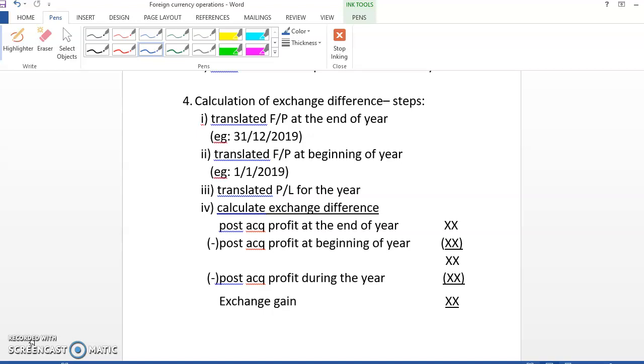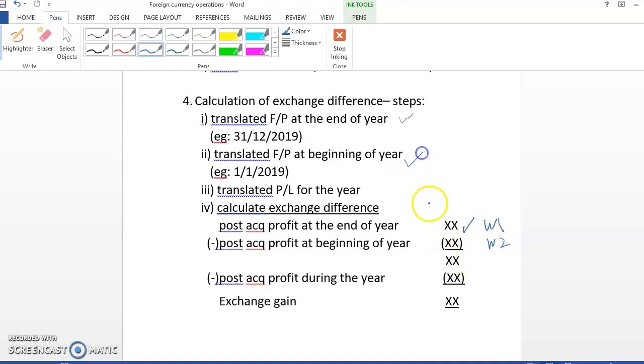If you look at the formula for the calculation of exchange difference, the first one is we need to have post-acquisition profit at the end of the year. This is the balancing figure that you get from your step number 1. Then you deduct your post-acquisition profit at the beginning of the year, from your step number 2.